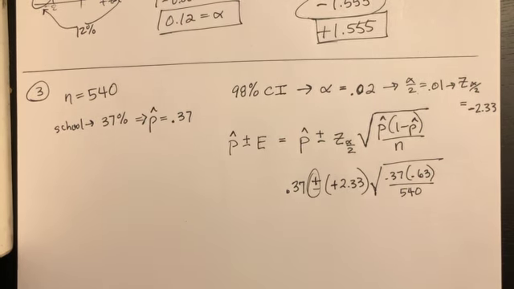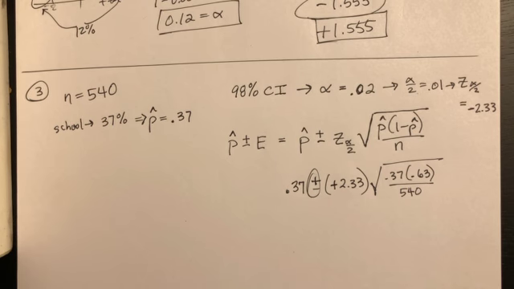Okay, so I got some calculation to do. Let's see, 0.37 times 0.63 equals, and then divided by 540. Okay. And I need the square root of that number. Let's try this a different way.